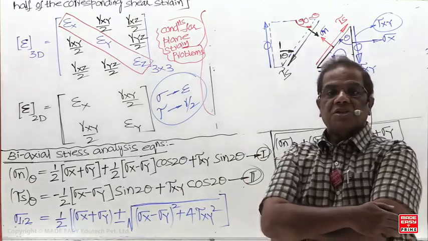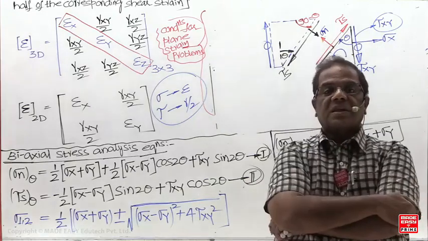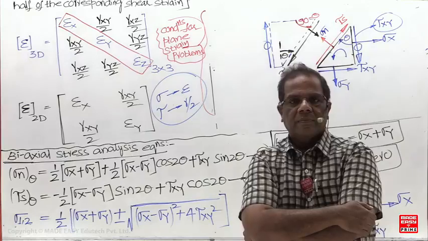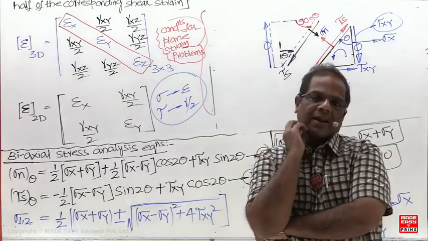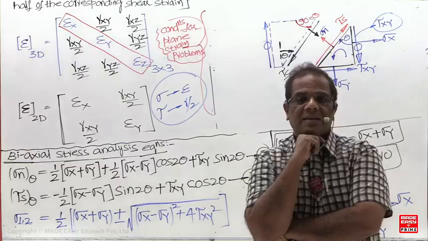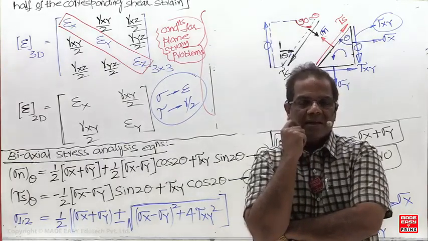Next, number 3, shear stress on oblique plane, that is tau s.